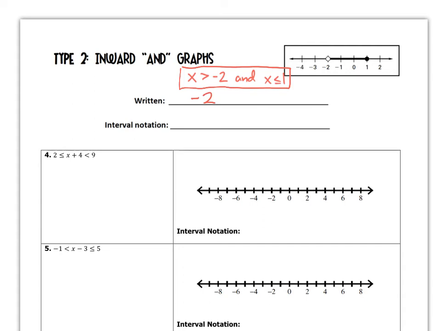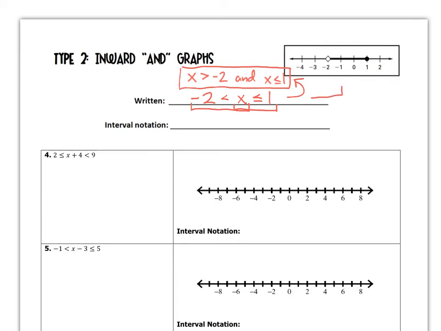So we could say that negative 2 is less than x, which is less than or equal to 1. This is saying the same thing as this, because if negative 2 is less than x, then x is greater than negative 2, and x is less than or equal to 1 is what we already have written up here. So this is just saying that x is between these two values, negative 2 and 1.